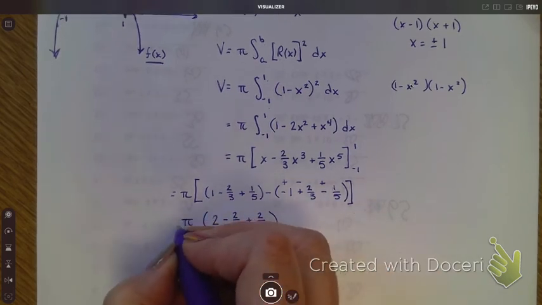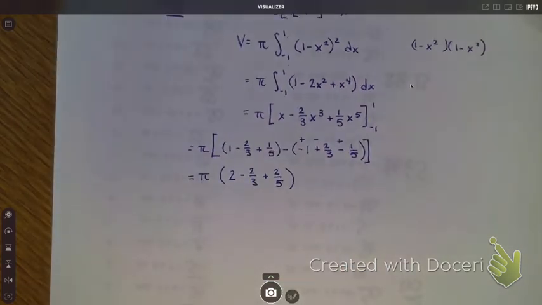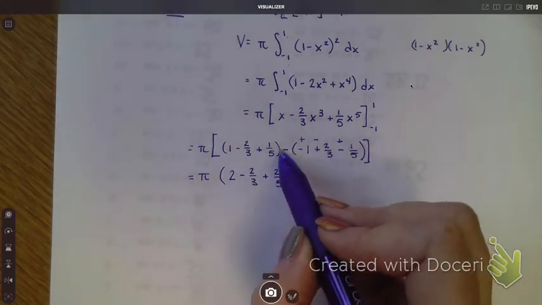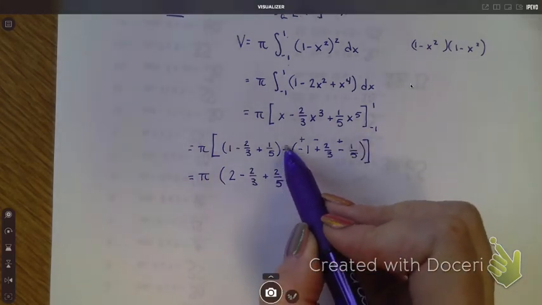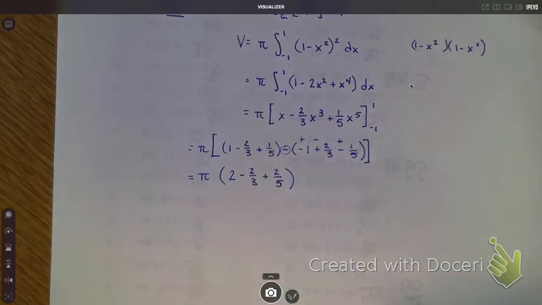I was hoping some would zero out, but we have this negative here, don't we? I'm so confused on why you changed every single sign after that one.